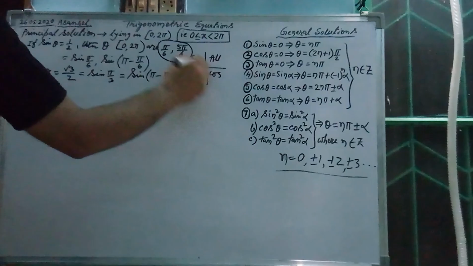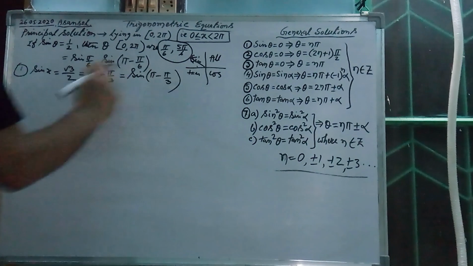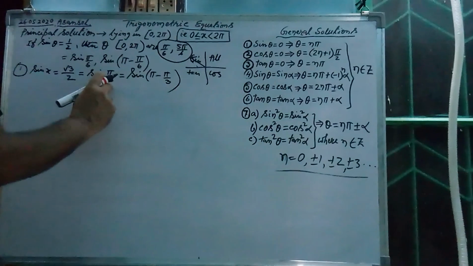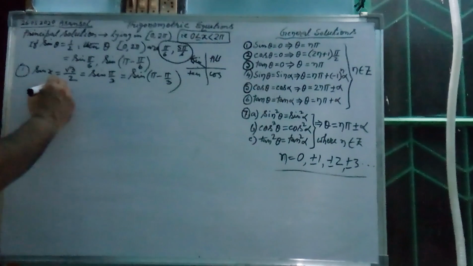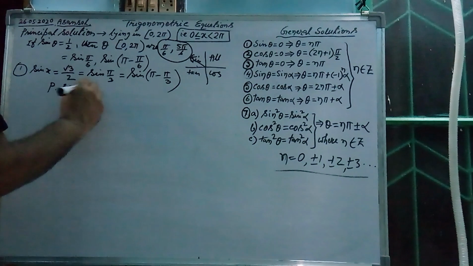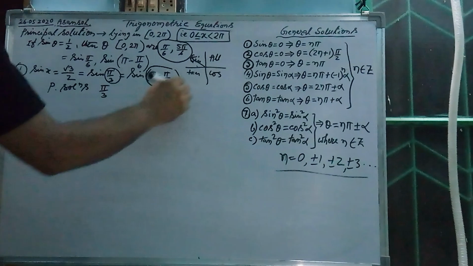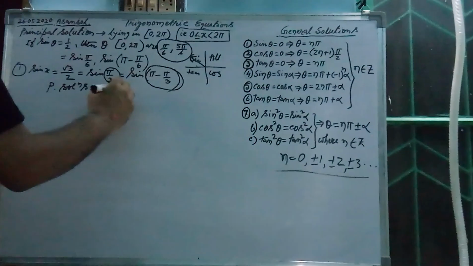Sin of pi minus pi by 3 is also equal to sin pi by 3. Therefore, the principal solutions are pi by 3 and pi minus pi by 3, that is equal to 2 pi by 3.